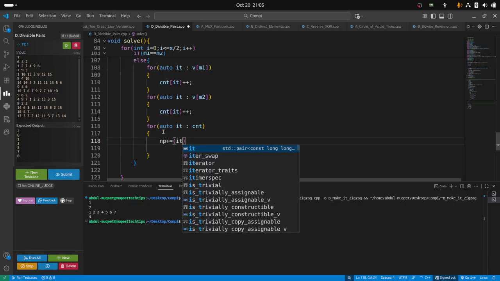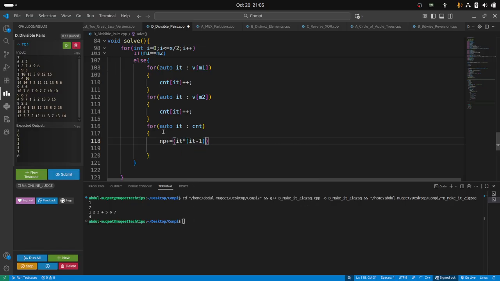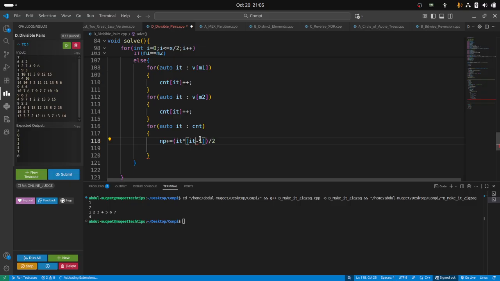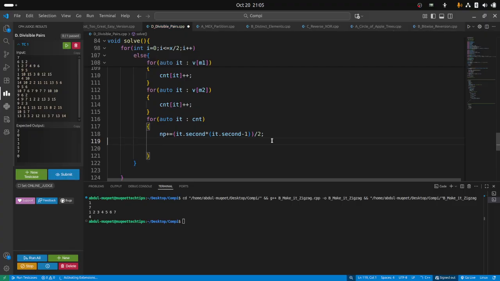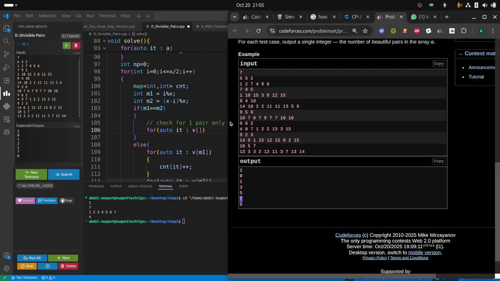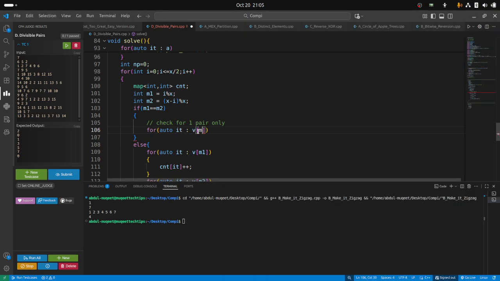MP plus equal to IT minus 1 divided by 2, IT dot second, IT dot second. This is the number of pairs formed only for one array. What is the time limit actually? 2 seconds. Hope it runs.